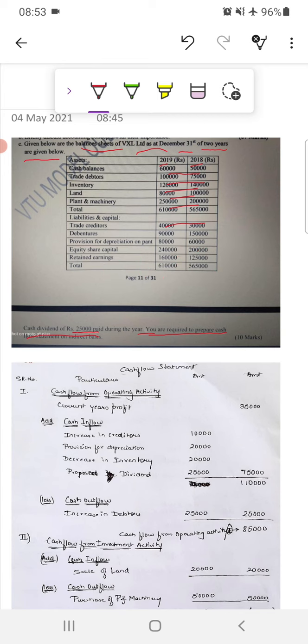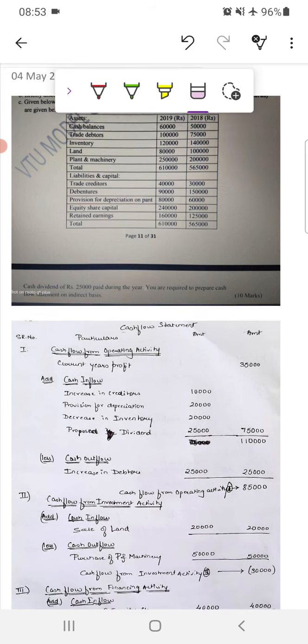And then your fixed liabilities will go under financing activity. So these are the three things that you need to remember. Current assets and current liability, operating activity. Fixed assets in investment activity, and fixed liability in the financing activity.